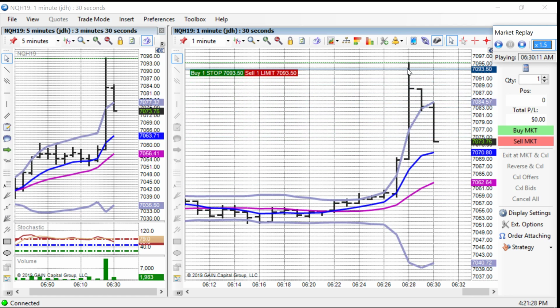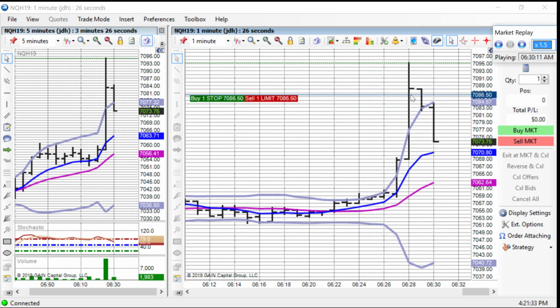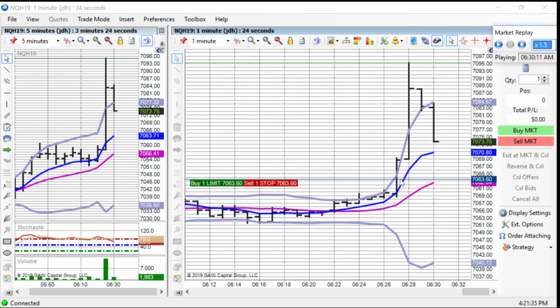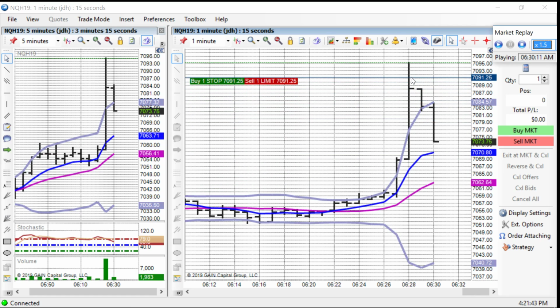It's had an explosive spike, an up move here, and normally I don't pay too much attention to what goes on prior to the open. I want to see a fractal form in the new open of the market, because that has the characteristics of the current market I'm trading.